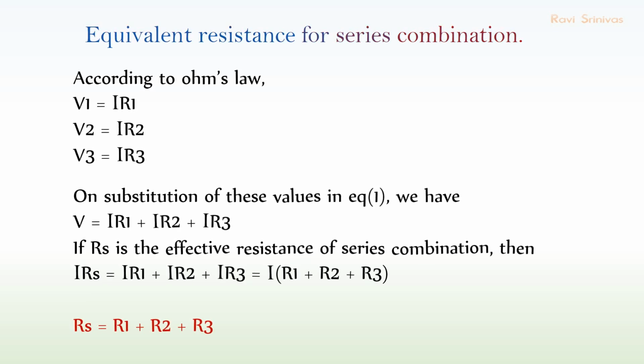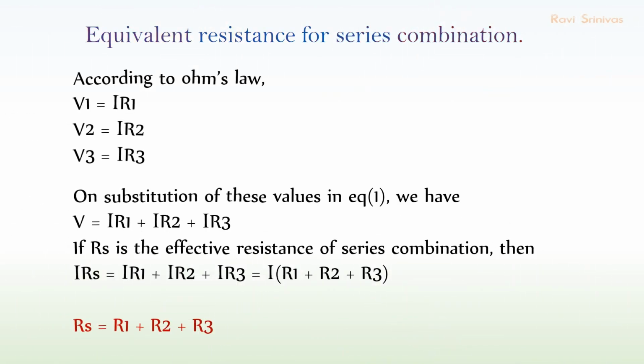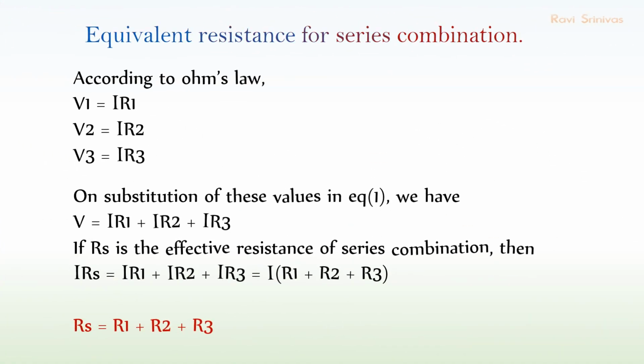When we substitute the values in equation 1, we observe that current I is common on both sides, which gets cancelled. So we get the required equivalent resistance Rs equal to R1 plus R2 plus R3.